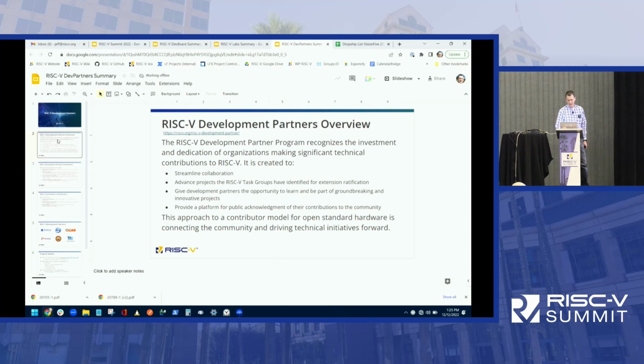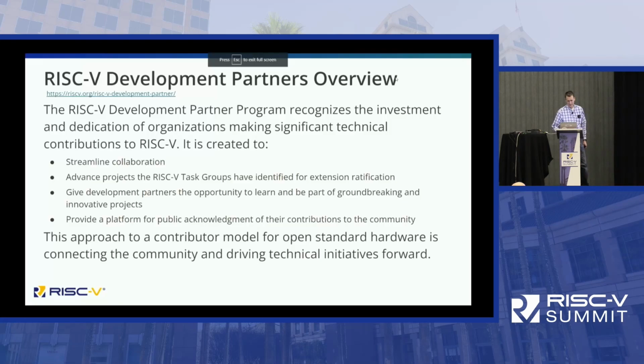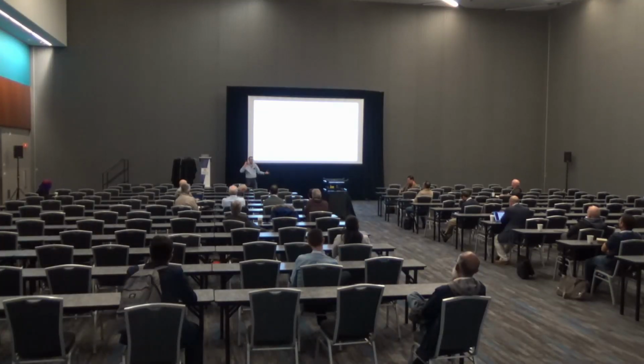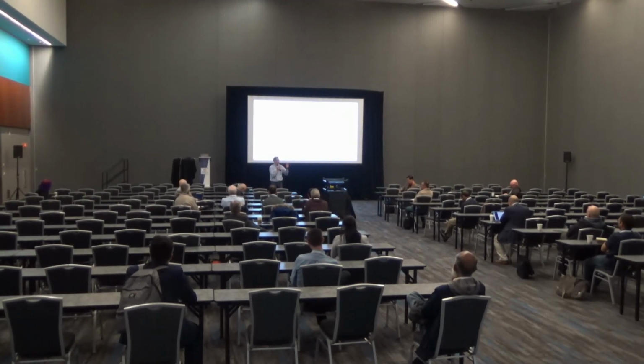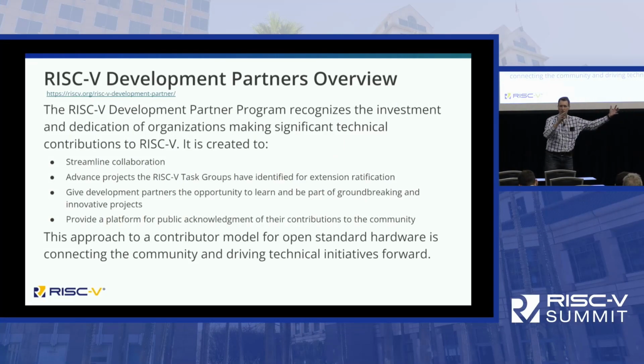Real quickly on the development partners, because we're running out of time and I need to finish up here. There's a third program that actually helps in our software ecosystem, but it ties in with all of these. It helps internally within the RISC-V Foundation more so than in the ecosystem, but it very quickly blurs that line, and that is our Development Partners Program.